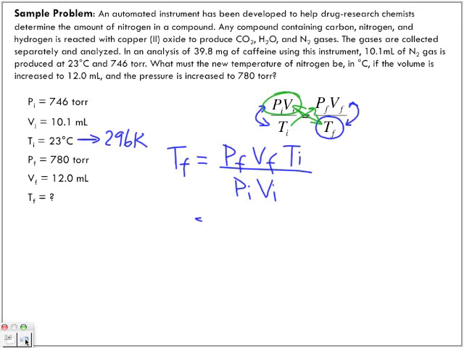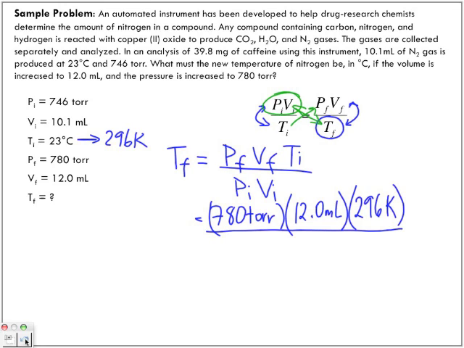Our final pressure, 780 torr, multiplied by our final volume, which is 12.0 milliliters, multiplied by our initial temperature, which is 296 Kelvin, all divided by our initial pressure, which is 746 torr, multiplied by 10.1 milliliters.